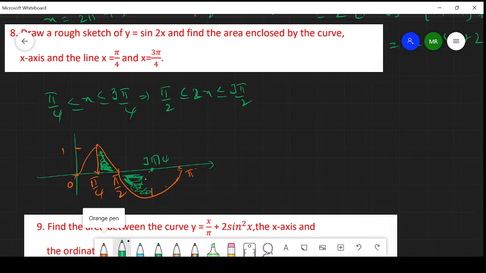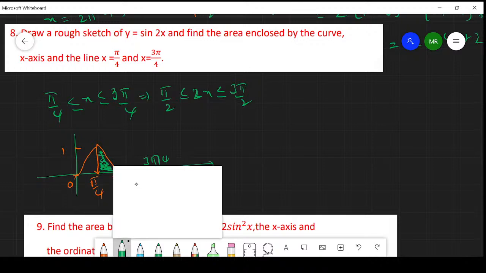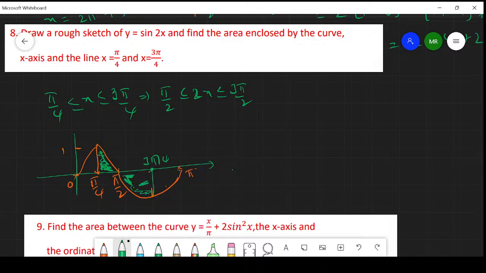The shaded area is the required area. Just understand this required area, pi by 4 to 3 pi by 4.